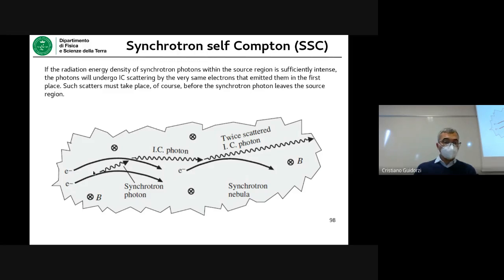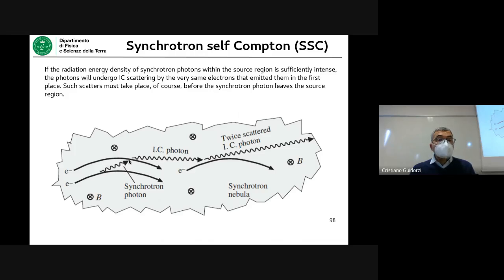The photons produced by synchrotron emission will be produced this way, along the beaming radiation, the relativistic beaming of the electron.